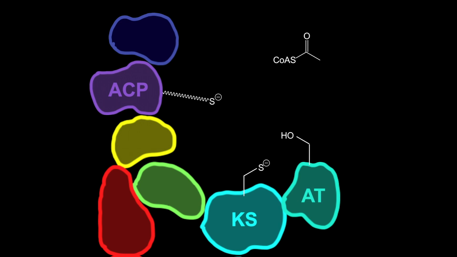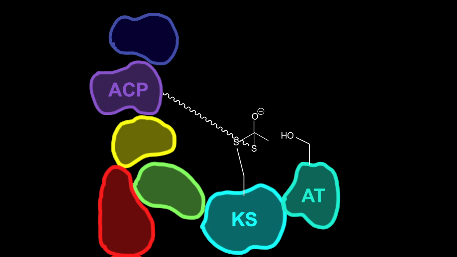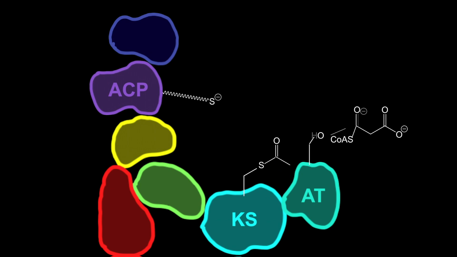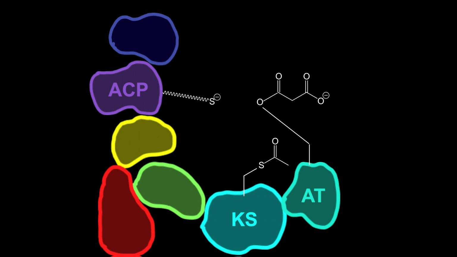So to summarize, in the first step, the acyl transferase domain selects the correct thioester, which is acetyl-CoA, which ACP takes and transfers to the ketosynthase domain. The AT domain then selects the next thioester, which is malonyl-CoA, which ACP takes and carries to the ketosynthase domain.